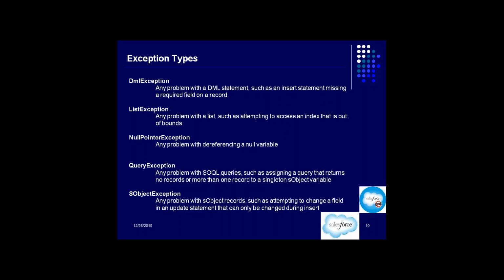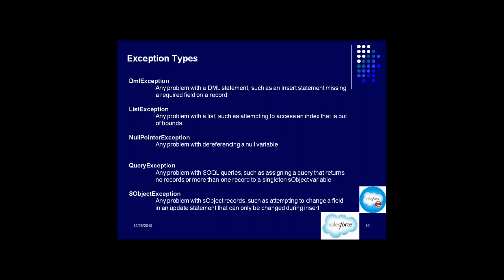Now, apart from this, most of the times you will have an idea. For example, if you are trying to perform a DML statement and it's not happening, then you will get an idea that it's possibly going to be a DML exception. If you are working with a list, you will have an idea that it's going to be a list exception. The same way, most of the times you will have a rough idea which exception it can be. It's good to specify the exception type.